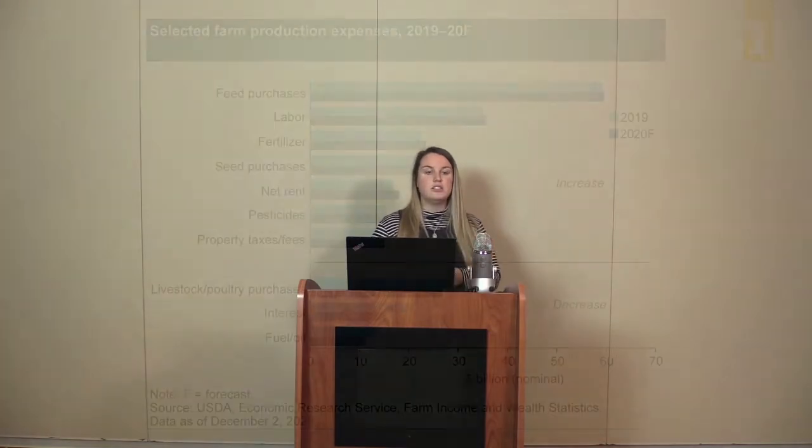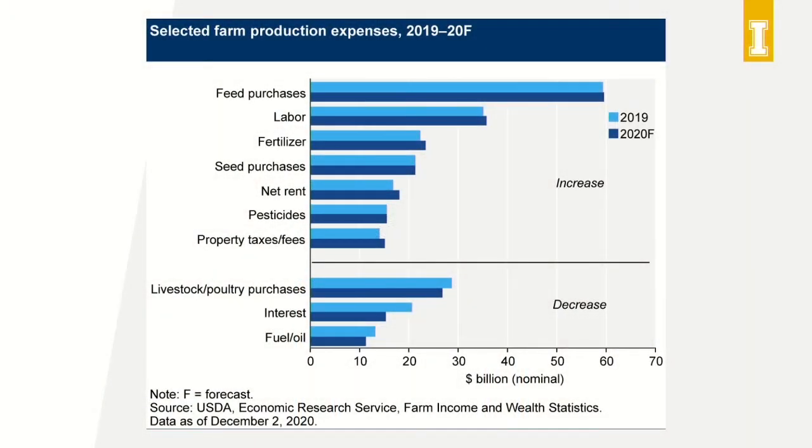Our labor increased as an expense this year. If you wanted labor in COVID-19 times, I think you had to pay pretty good prices to keep labor. Fertilizer, again, up. Seed, the same. Rent, higher. So even though we saw a pandemic, it did not stop our cash rent prices from increasing, which I'll go into.